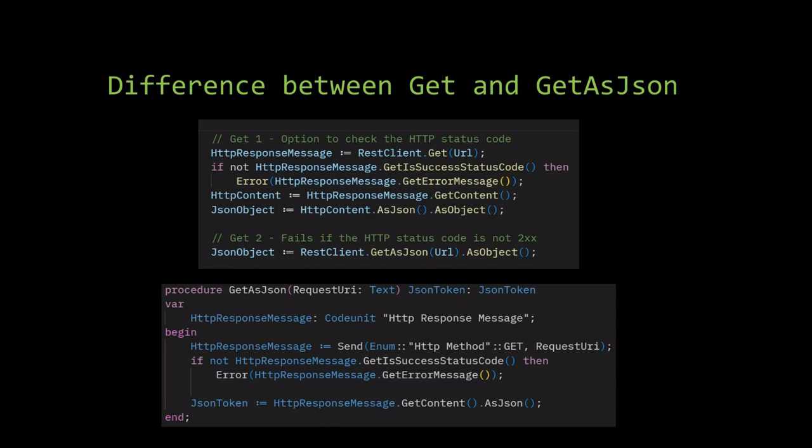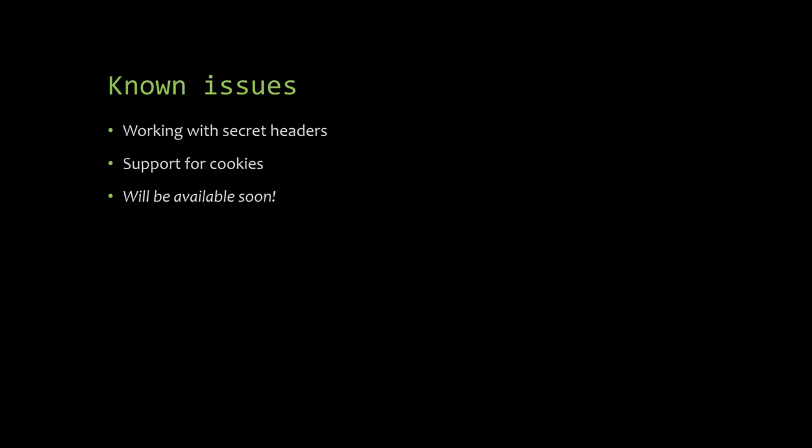Okay, so before I get into that idea that I have, I want to address a few known issues with the REST client. At this moment, working with secret headers is an issue. It works, but it does not work correctly because the way it was implemented on the request message is, let's say, different from what I expected.